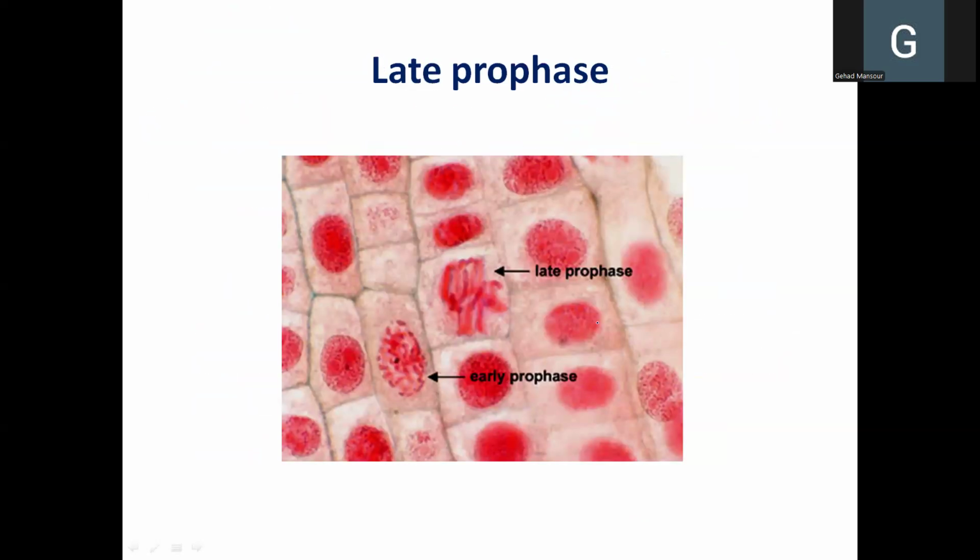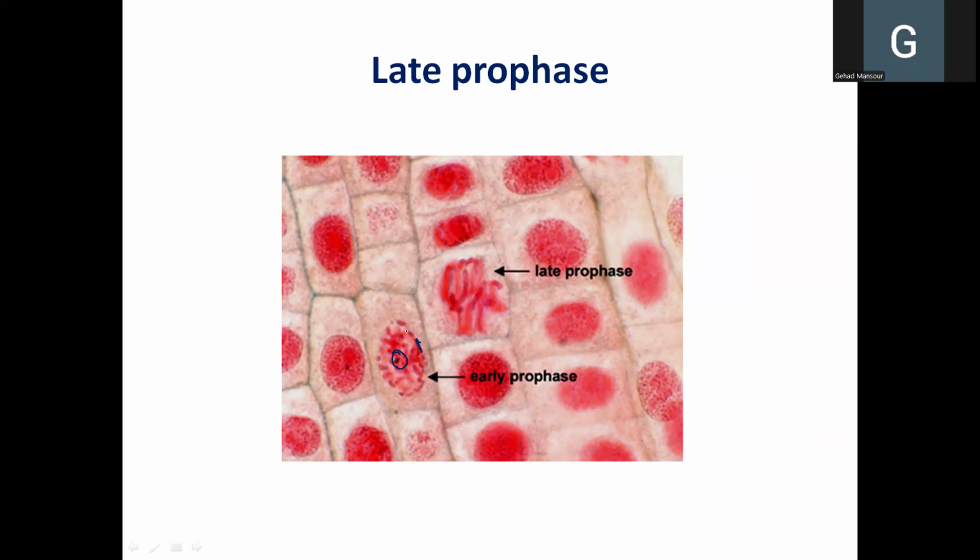And now we have the stage of late prophase. In late prophase, as you can see, the nuclear envelope has completely disappeared. The nucleolus has completely disappeared. Here, we can still see remnants of the nucleolus.